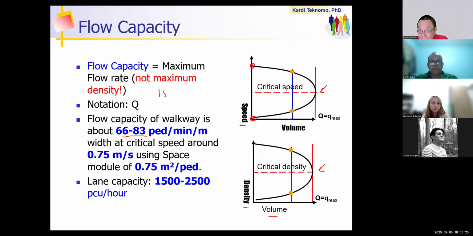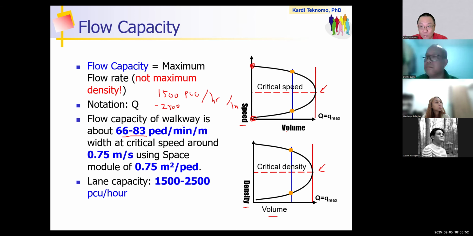1,500 PCU per hour per lane, until 2.5. This is the typical value for vehicles.